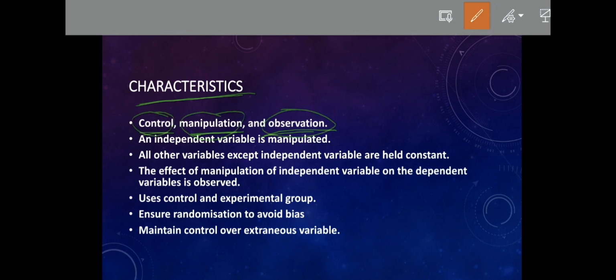Then next, an independent variable is manipulated. Which variable is manipulated in experimental method? An independent variable. Then all other variables except the independent variable are held constant. Which variables are held constant? Except the independent variable, all the variables present are made constant.